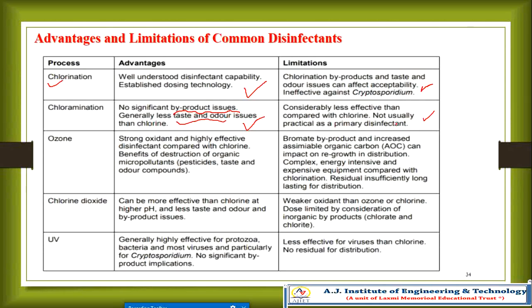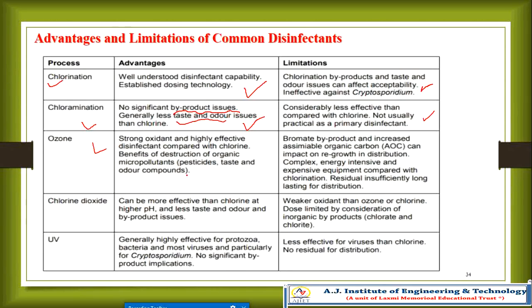So ozone is a strong oxidant and highly effective disinfectant compared with chlorine, with the benefit of destruction of organic micropollutants, pesticides, and taste and odor compounds.